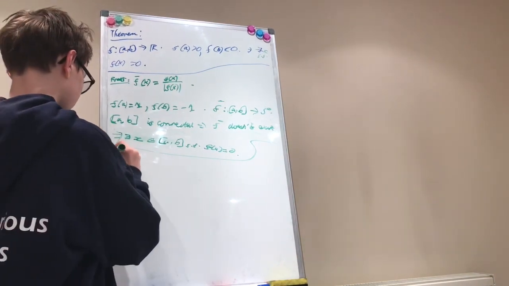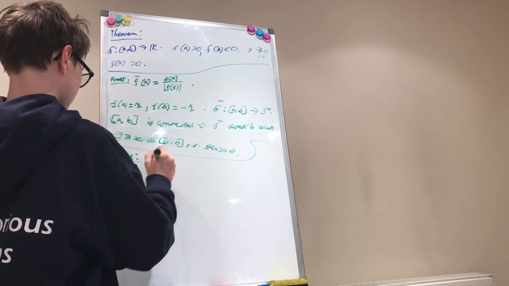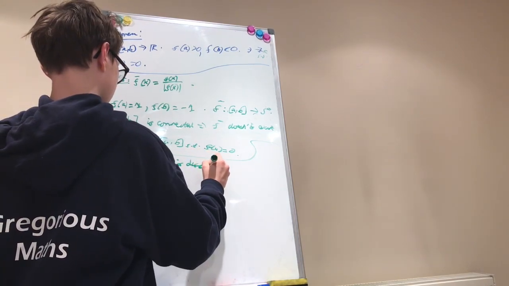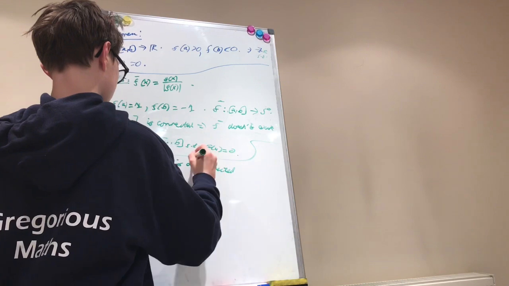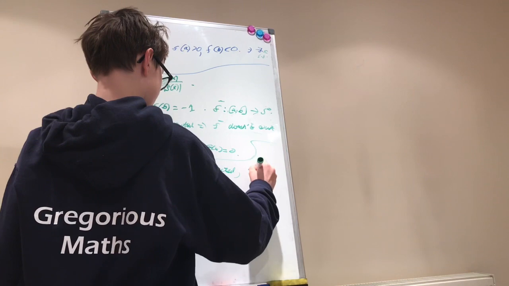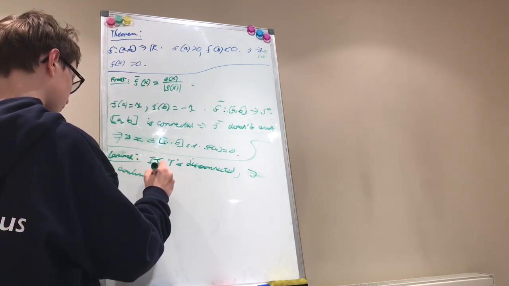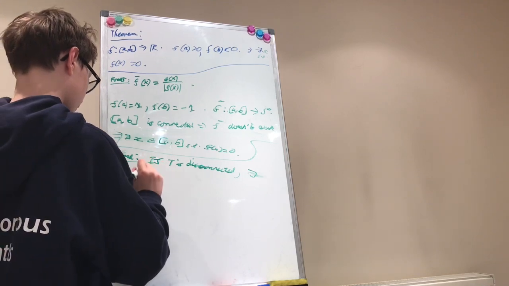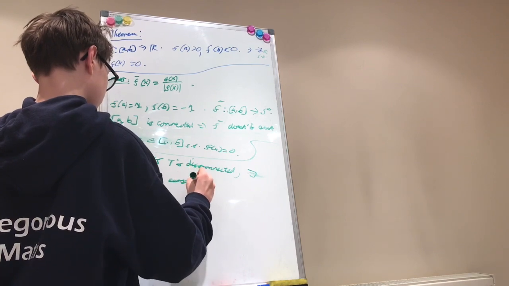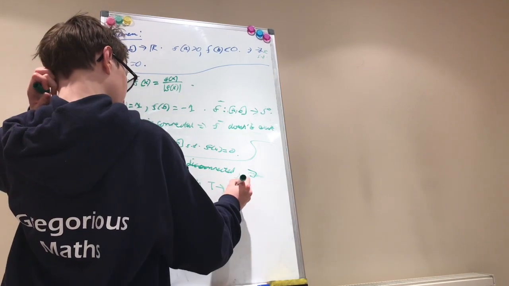I'll just write down the fact this is a lemma. If T is disconnected, there is a continuous surjection from T to the zero sphere.